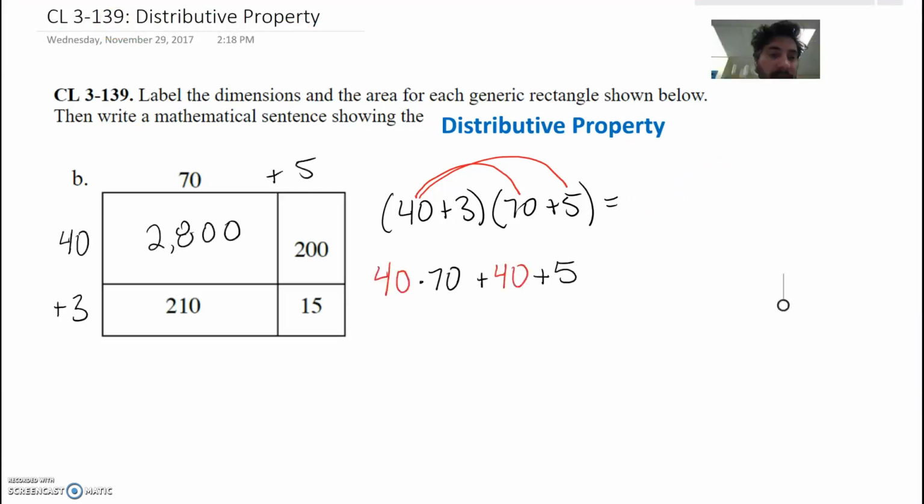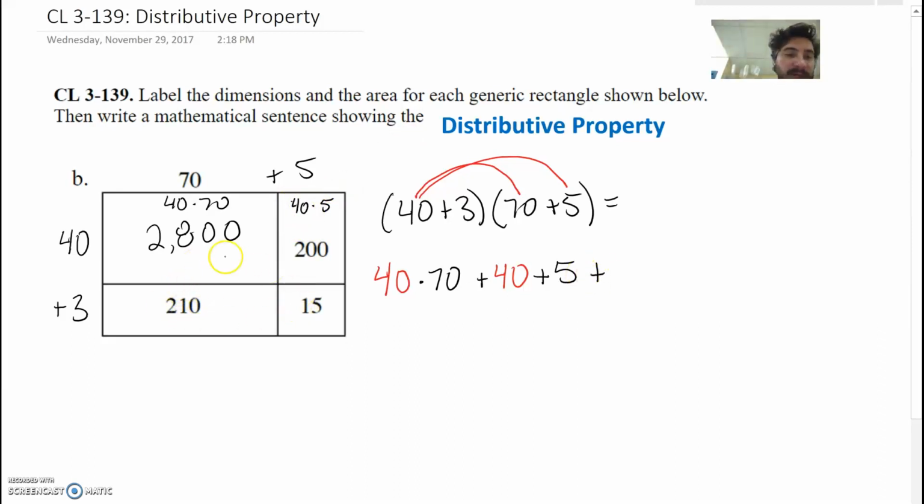what's happening here? All right, so let's see here. So we've got 40 times 70 plus 40 times 5. That got us the products here. And how did we get these two here?